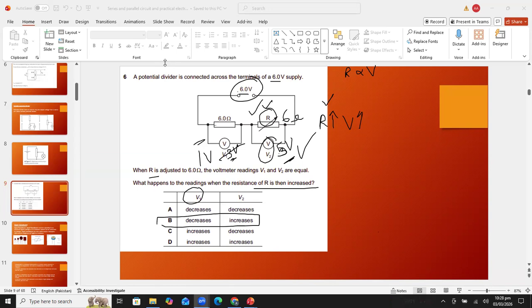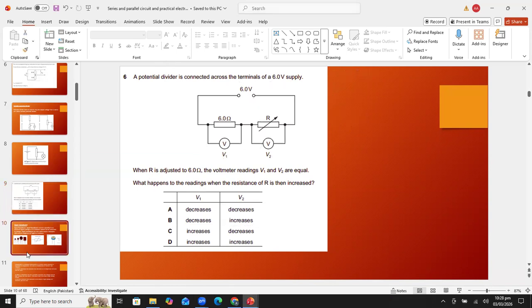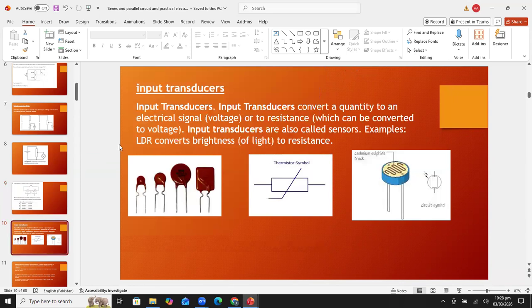Now I'm moving towards the next topic, that is input transducers. What are transducers, beta? Transducers are variable resistors whose resistance can be changed with the change in mechanical energy.